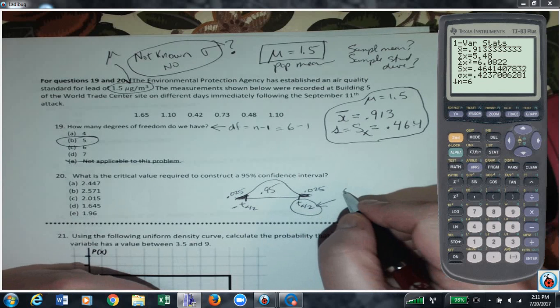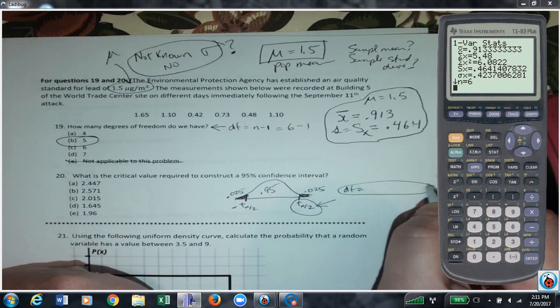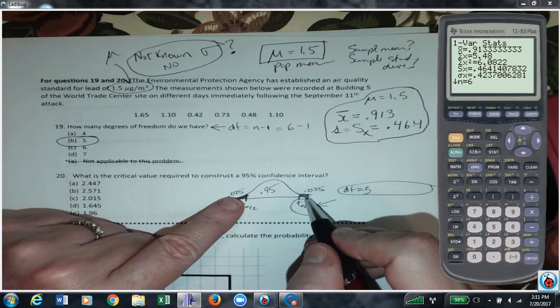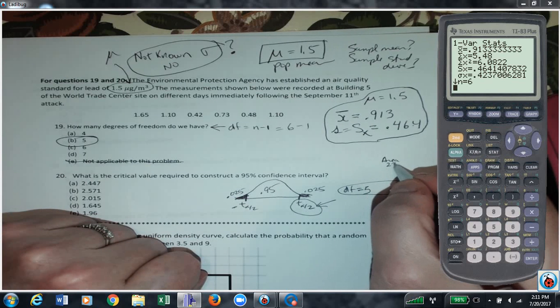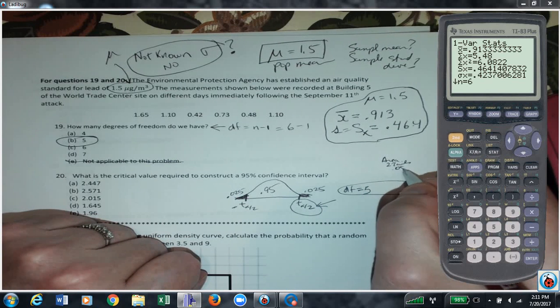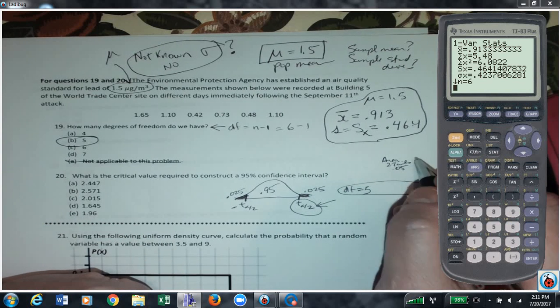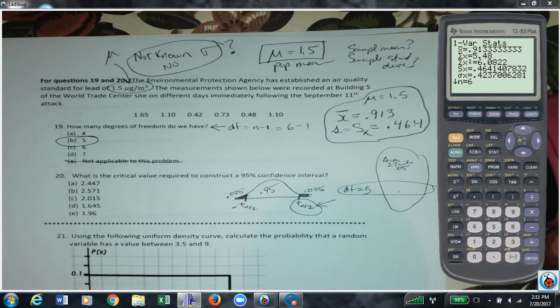So what I need to do is use chart A3 or the t-chart where degrees of freedom are 5, and the area in 2 tails is going to be 0.05. Or I could say area in 1 tail is 0.025. And that will give me my critical value.